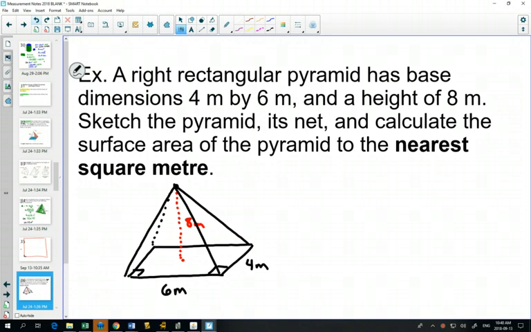Now we need to find the entire surface area of this. Okay? Can you see that you have 2 different kinds of triangles? Color code them. I have this triangle here on one side with a base of 4, and this triangle here with a base of 6.